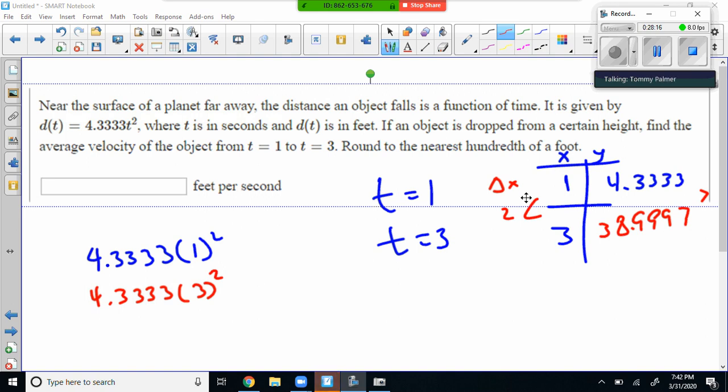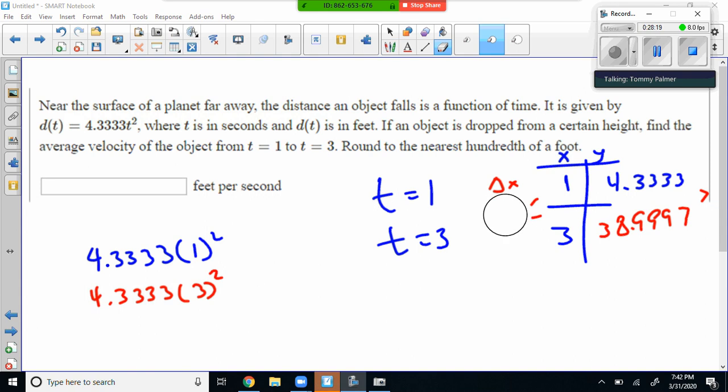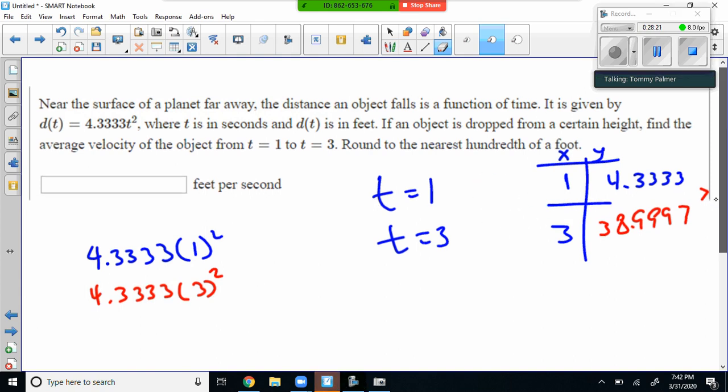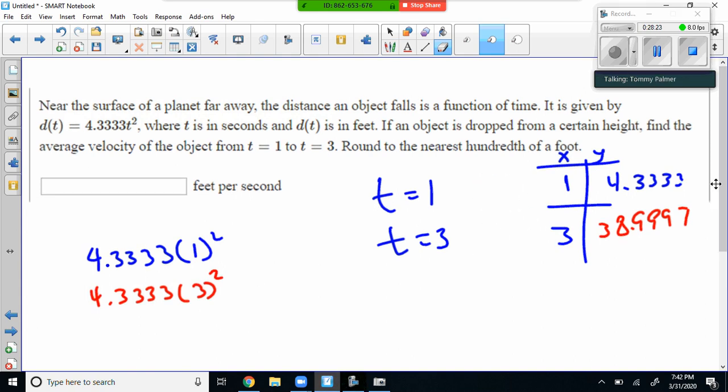For this one, I probably wouldn't do it that way because it's not nice, pretty numbers. I'd just do y2 minus y1 over x2 minus x1. That way you'd have less confusion about what you got here, okay?